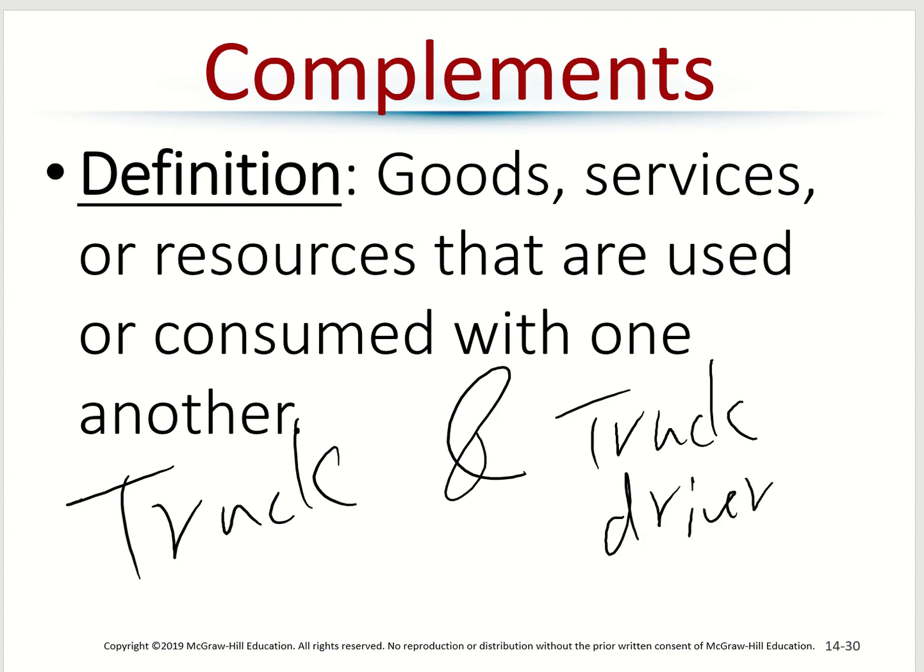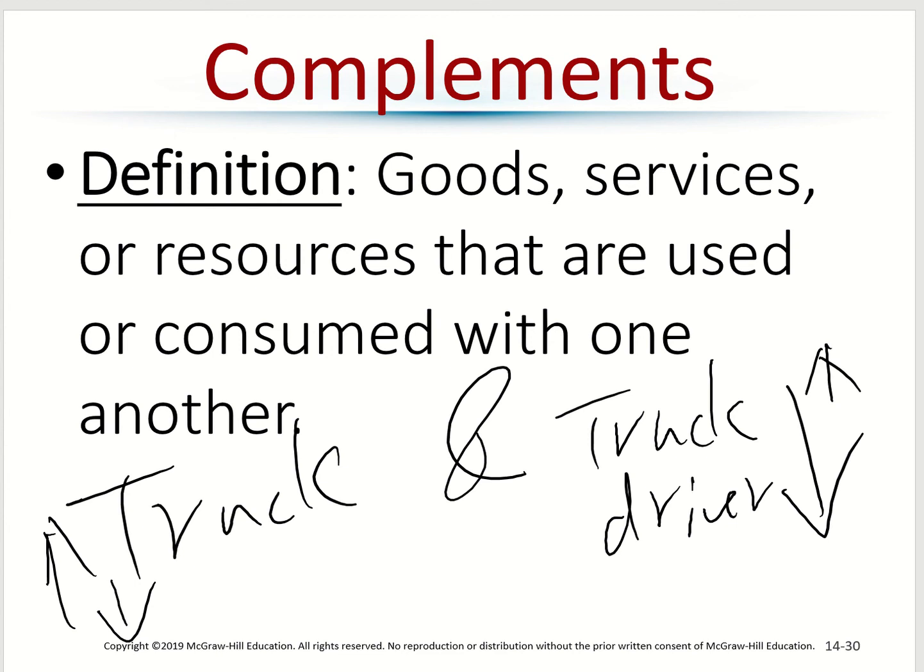They're hired together, right? So imagine the price for trucks increases. The company needs to buy fewer trucks, which means the demand for truck drivers goes down. Vice versa, if the price for trucks goes down, then demand for truck drivers goes up, right?